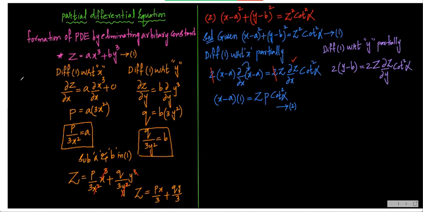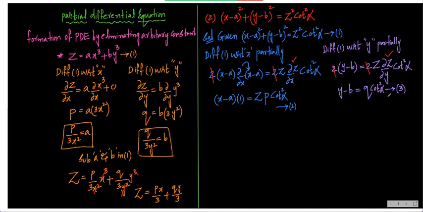Once again, the same story. 2 and 2 will be cancelled, and this value is nothing but q. So y minus b is equal to q into cot square alpha. This is taken as equation number 3.